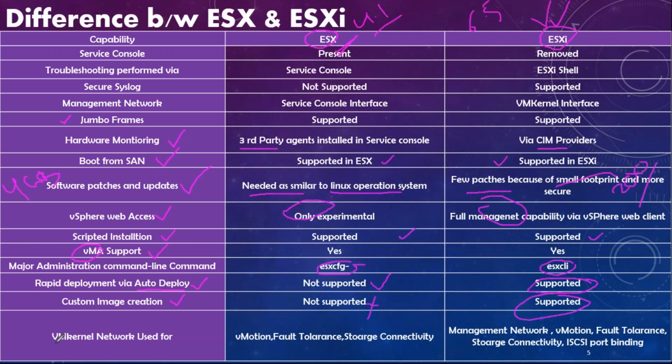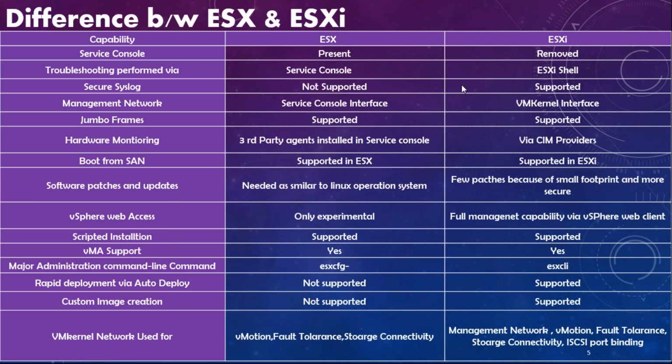Well, there is a network interface called VM kernel. VM kernel is used for your vMotion, fault tolerance, and storage connectivity in ESX server, but the same VM kernel interface is also used for your management network in ESXi. Got it? So that's a tabular comparison between your ESX and ESXi server.